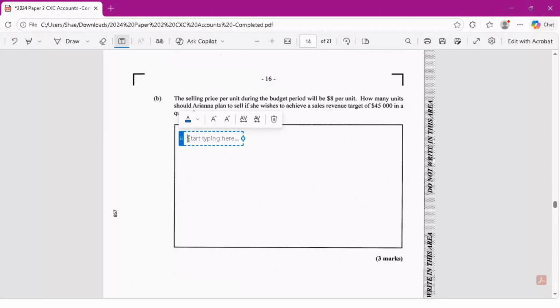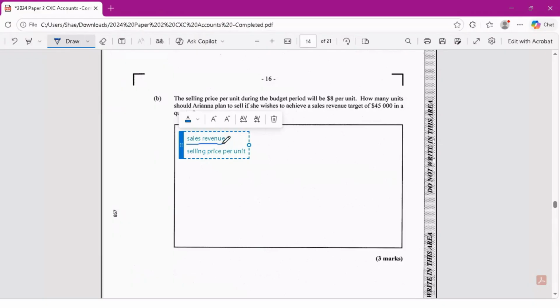So it's the total sales revenue and selling price per unit. And it's a division, so let me draw the line.